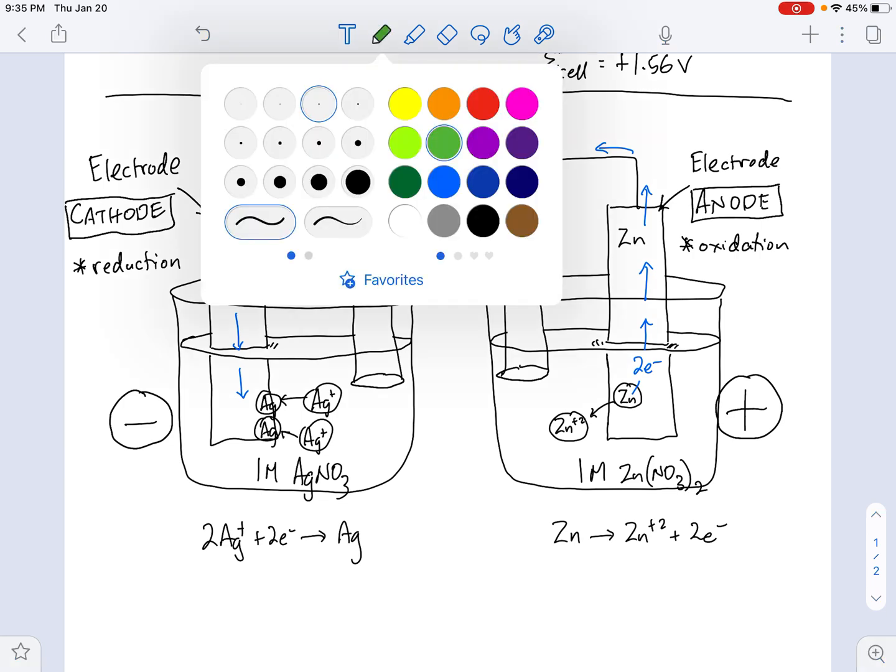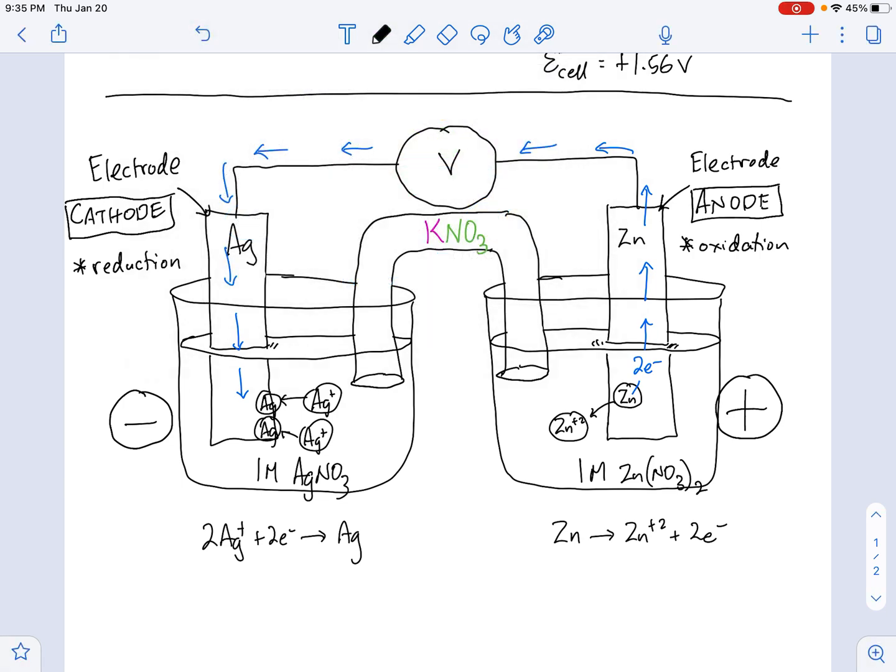So the salt bridge literally acts as a bridge that allows ions to migrate between the two beakers, essentially, to balance the charge. That's the whole point of it.